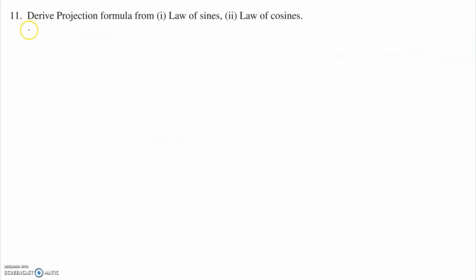Next, let's try and prove this using the law of cosines. Okay. So again, we need to prove A is equal to B cos C plus C into cos B. So let's take the right hand side now.